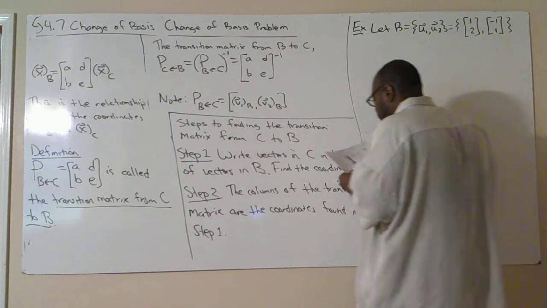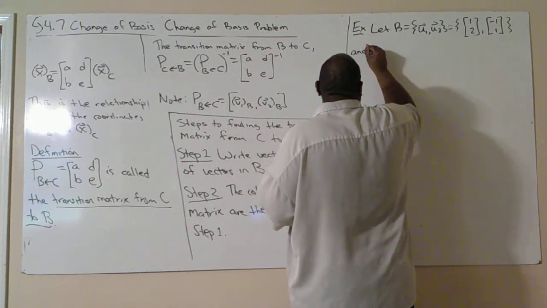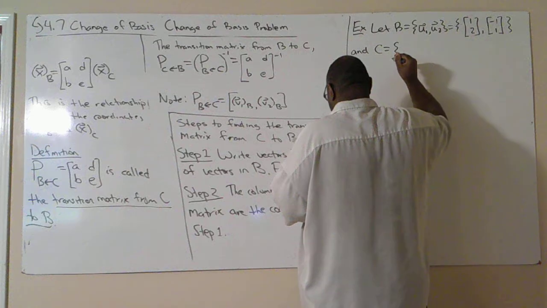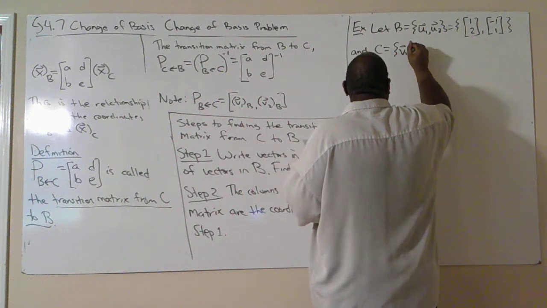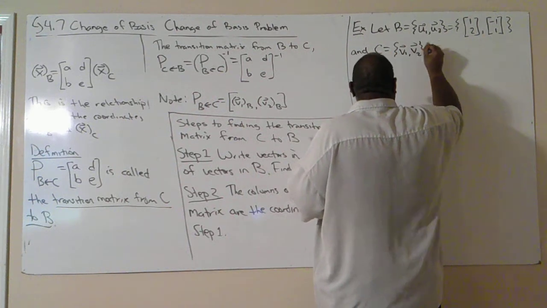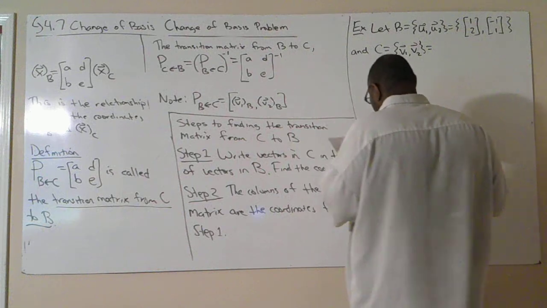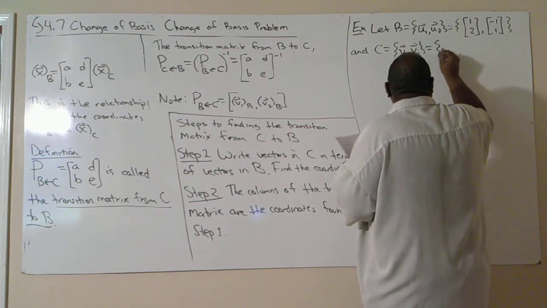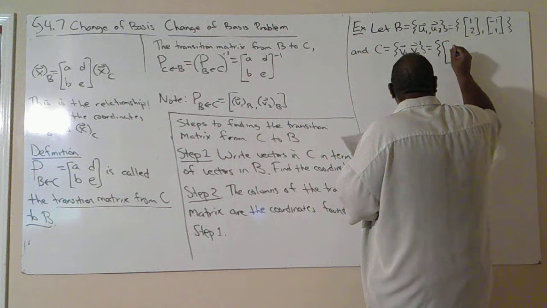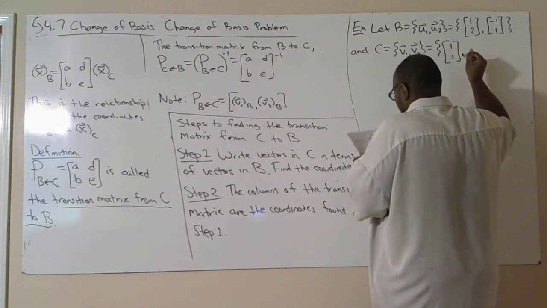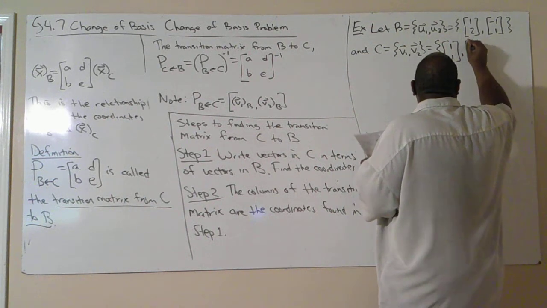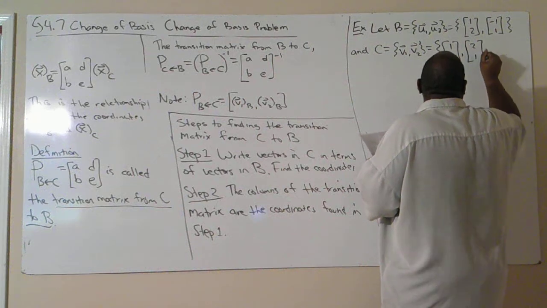And C is equal to another basis, {v1, v2}, equal to (1, 1) and (2, 1).